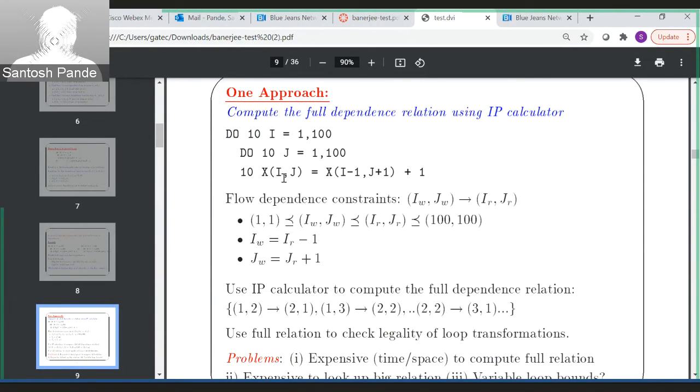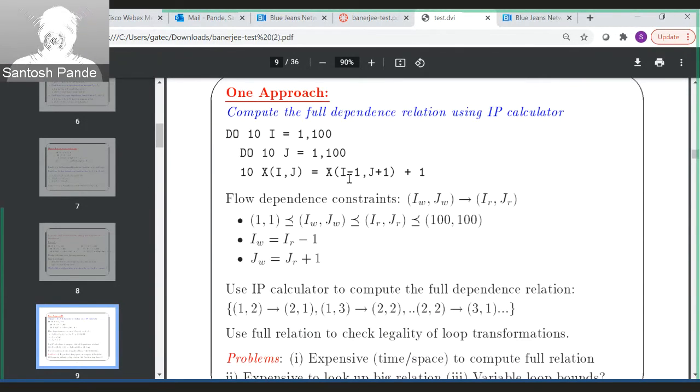How is that coming? Because we are taking the first dimension here of X and comparing it with the first dimension on the read side of X, that's IR minus 1. And similarly, JW is equal to JR plus 1. And then we can have an integer program, and we can run the whole dependence relation over this 100 by 100 space, and then find out if the dependence exists.